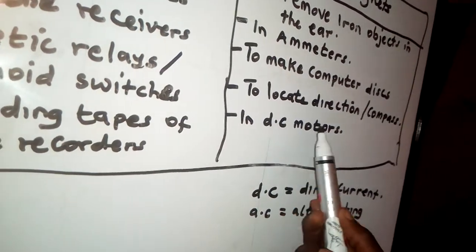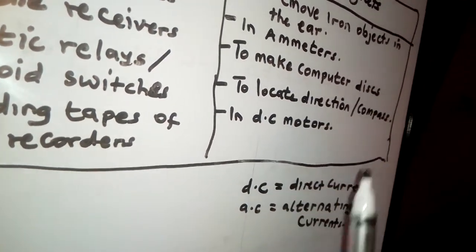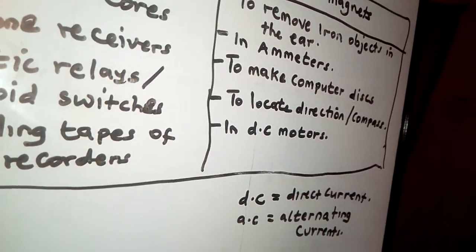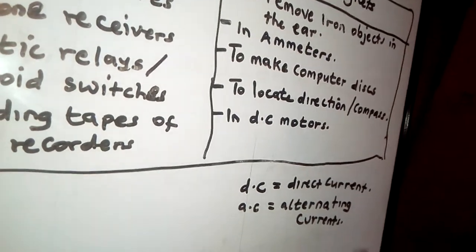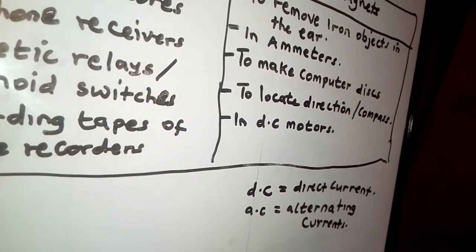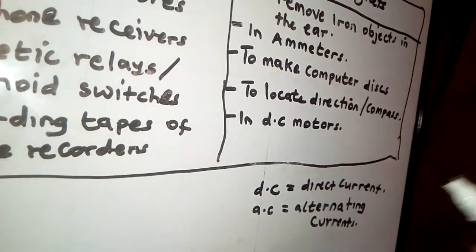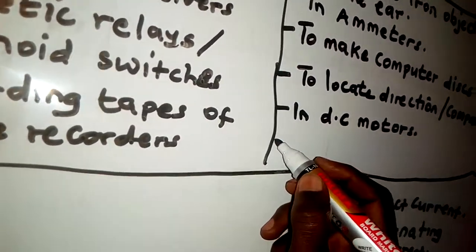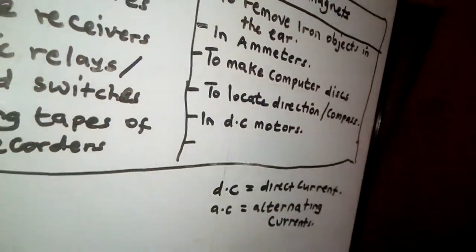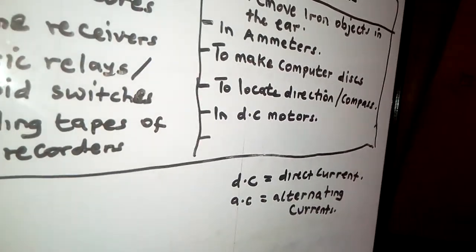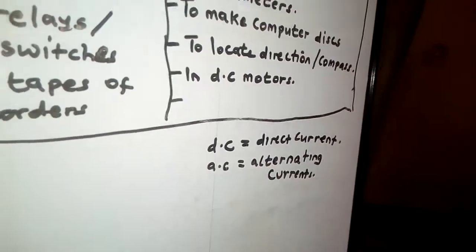Most of these motors are used in grinding machines, where we go and grind to mill our maize so that we can have posho flour and so on. There is a motor there. So those motors, we call them DC motors, direct current motors, and they use permanent magnets.